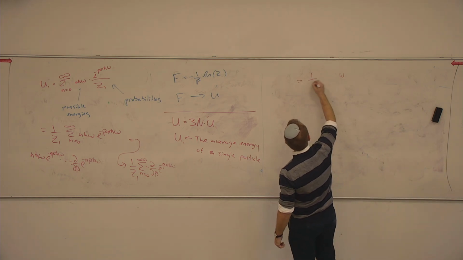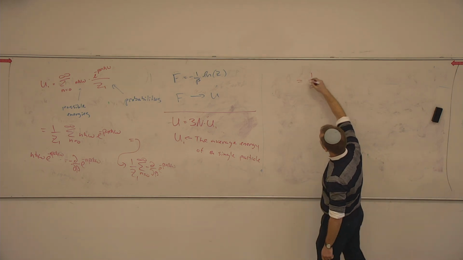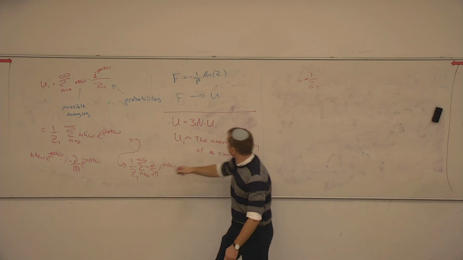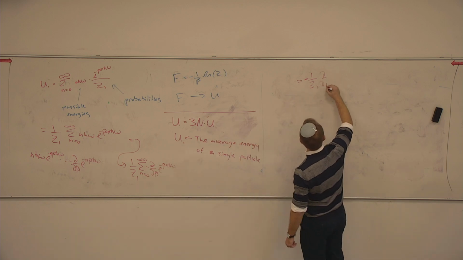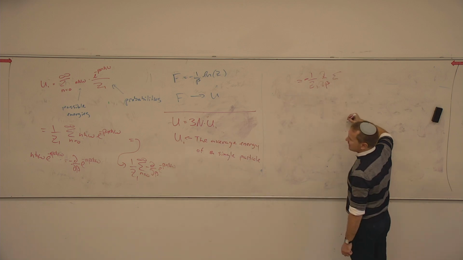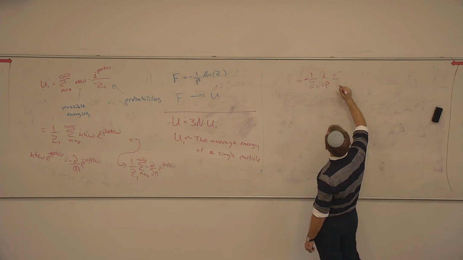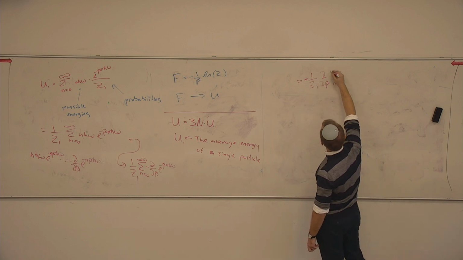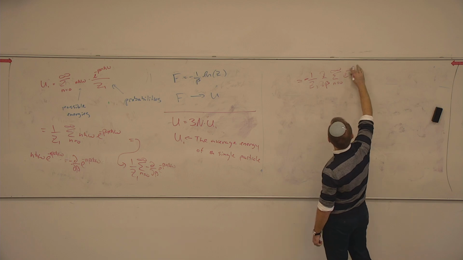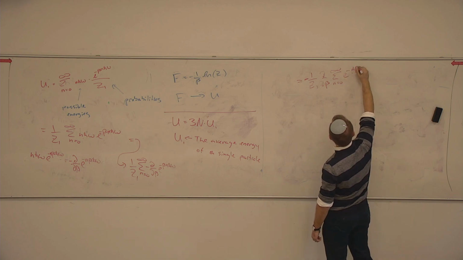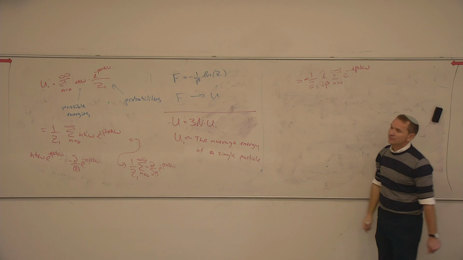So it's 1 over z1 times minus, we took the minus over here, d by d beta, and here we have a sum n goes from 0 to infinity of e to the power minus n beta h bar omega.